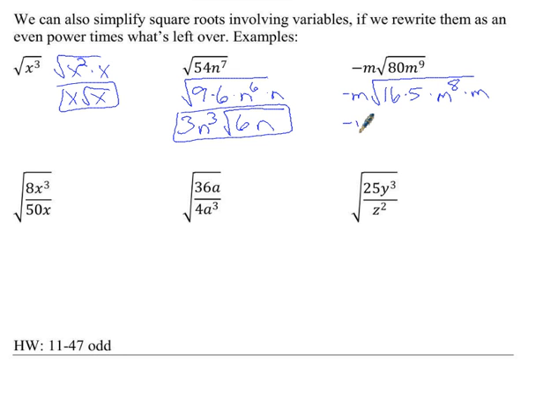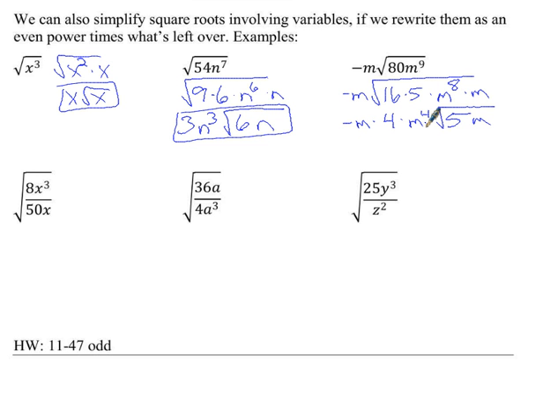Okay, so now we have the negative m still, times 4 m to the 4th, because I can take the square root of 16 and I get 4. I can take the square root of m to the 8th and I get m to the 4th. Square root, what's left over is the 5 and the m. We can't take the negative away, but we can multiply like terms here.